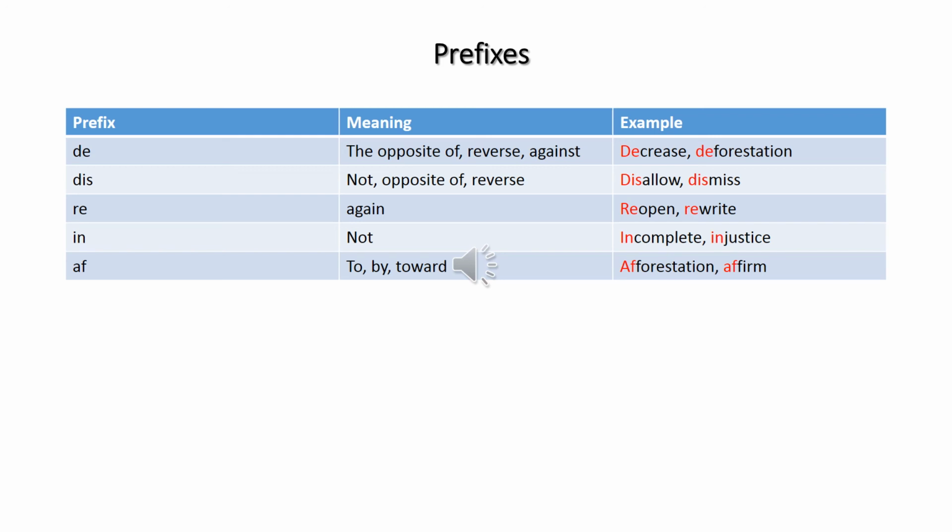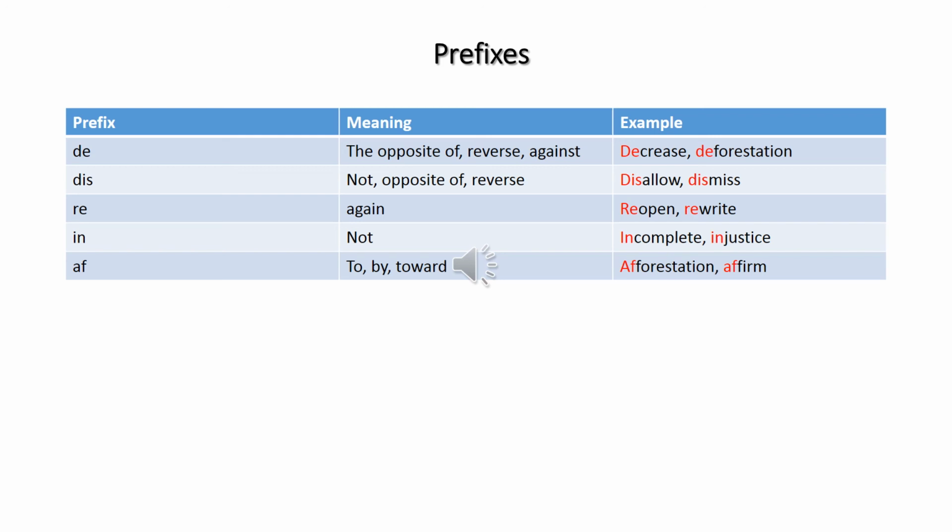You notice that we have afforestation, we have deforestation, and we have forestation. Deforestation's meaning is different from the meaning of afforestation. Deforestation is the removal of a forest or of trees, but afforestation is planting trees or the establishment of a forest.